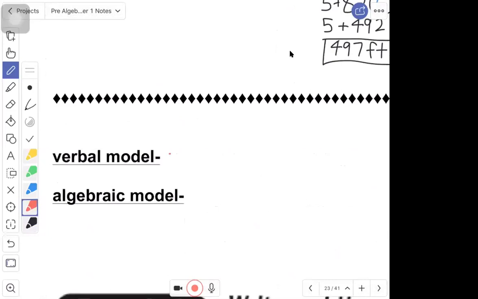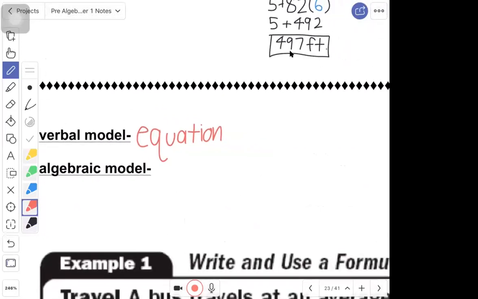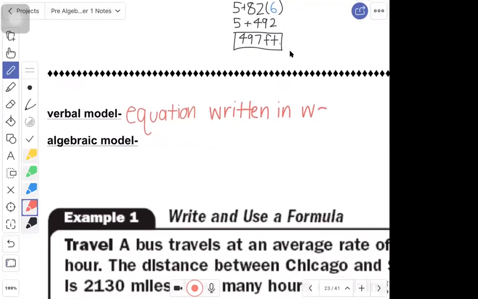So we'll read a problem and explain what our formula will be in words. And then an algebraic model is when we take that verbal model and make it into a mathematical expression or a mathematical statement.